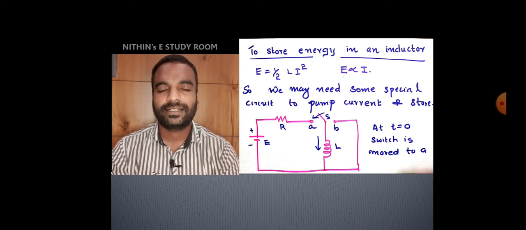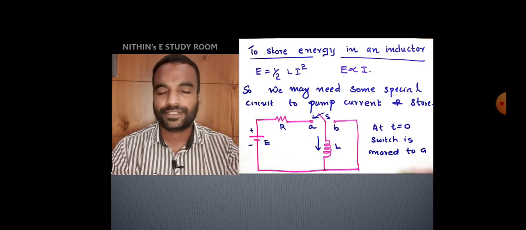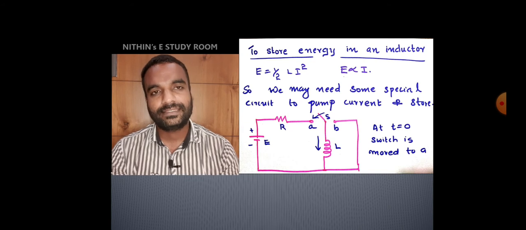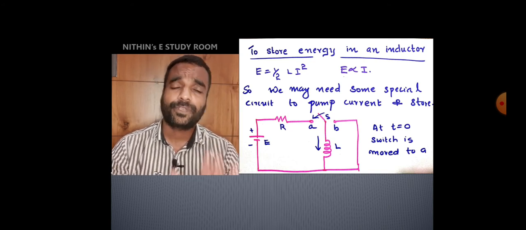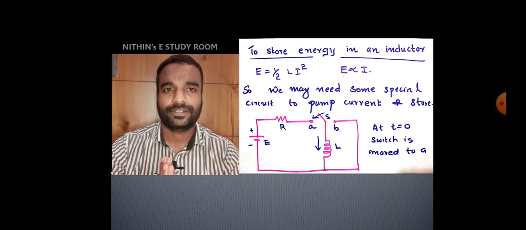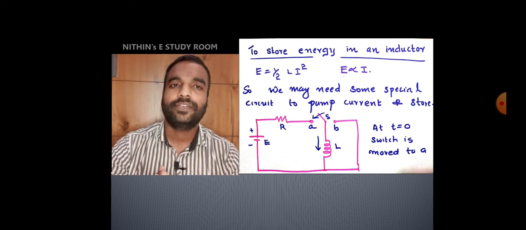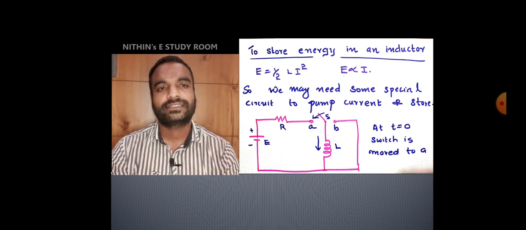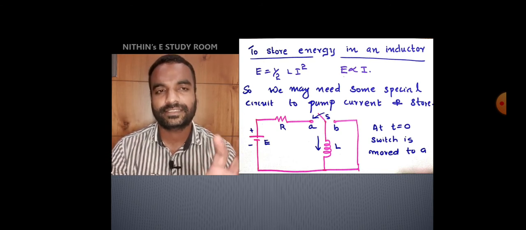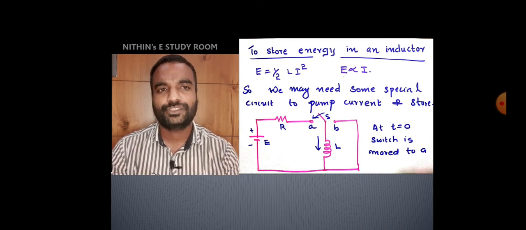If current is exponentially increasing or exponentially decreasing, after reaching a particular value, we need some mechanism to keep that value constant. Then only we can say that energy is stored. So for such a discussion, we need some more arrangement in the circuit.